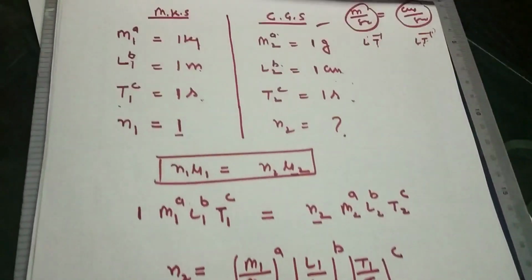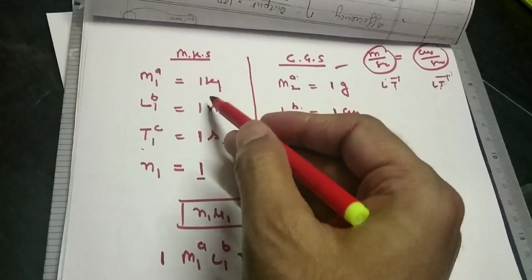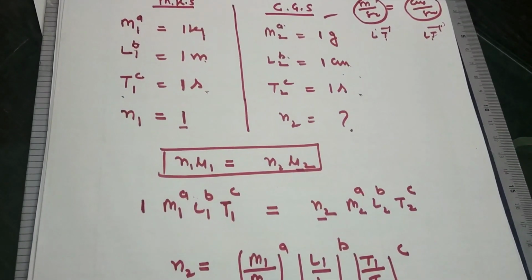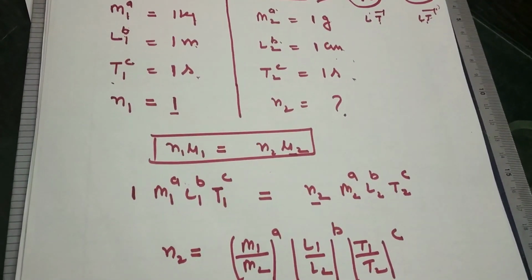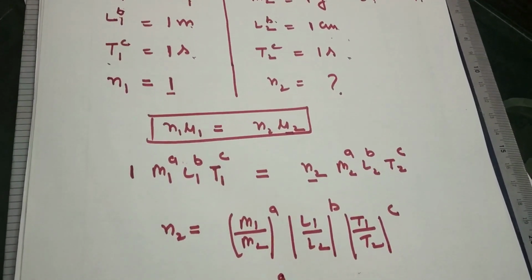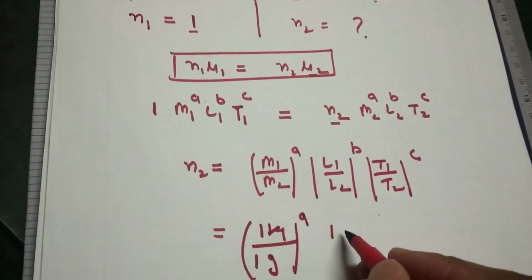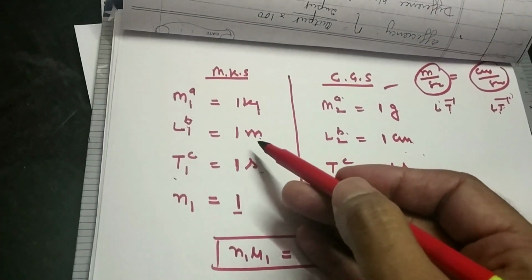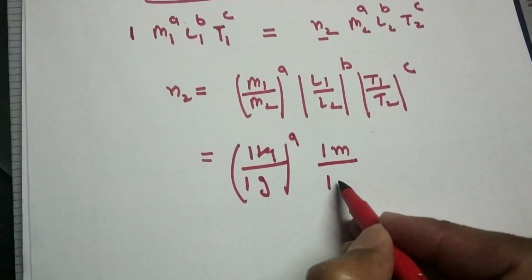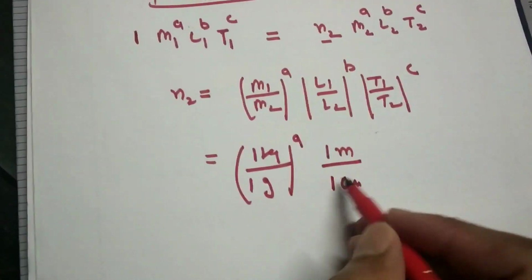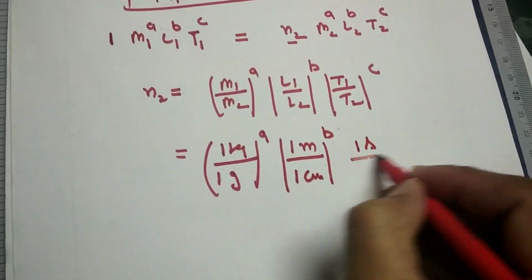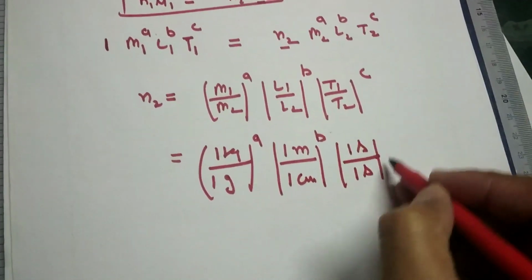M1 we know is 1 kilogram, so 1 kilogram upon 1 gram. L1 is 1 meter, and L2 is 1 centimeter, power b. T1 is 1 second, power c.